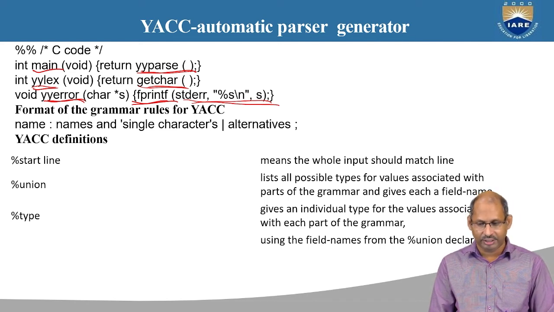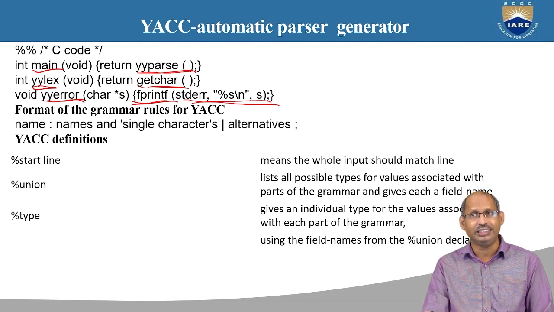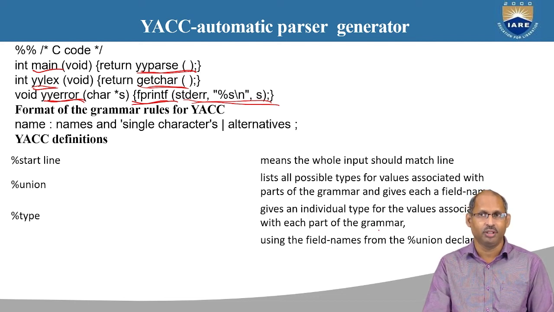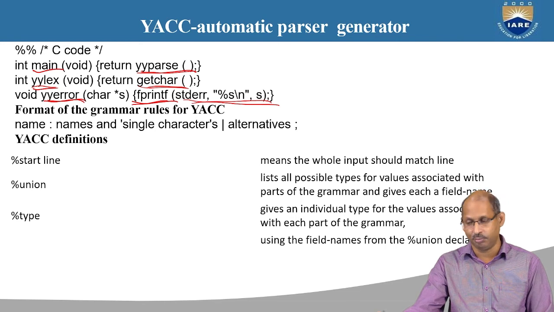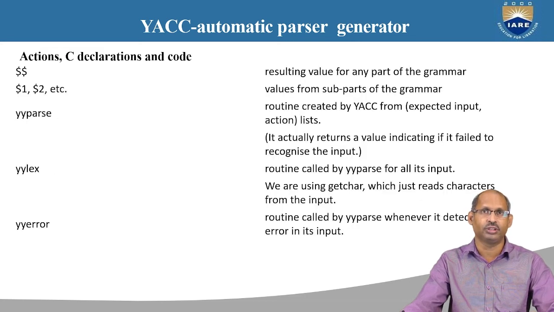So here start line means all input should match with line. List all possible types of values associated with the parts of the grammar and give each a field name. Here type gives the individual type of the values associated with each part of the grammar using the field names from the percent union declaration, right? These are the definitions we have used.